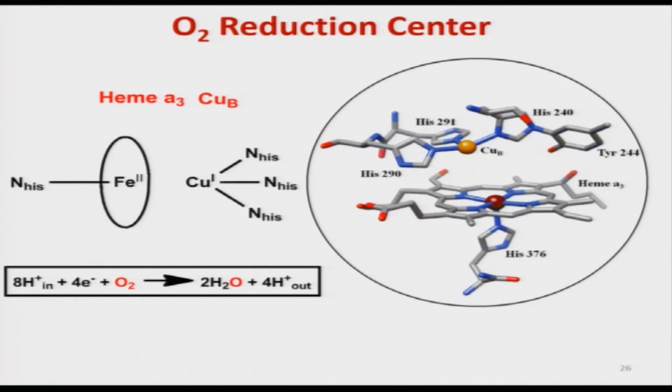It is a heme, a porphyrin ring is there, and this is histidine, and it is a 5 coordinated species, whereas similarly copper is 3 coordinated, 3 histidines are ligated to copper B. So, there are empty sites where dioxygen indeed can come and bind. Now, we will see how it binds dioxygen.